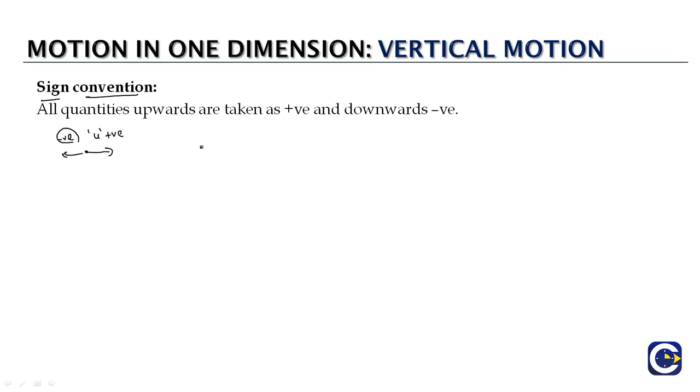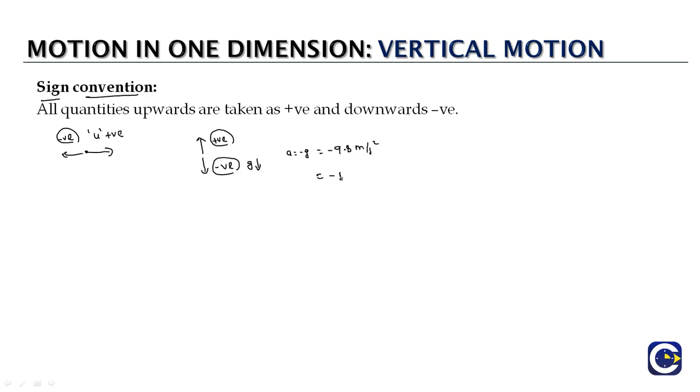Whereas when it comes to vertical straight line motion, we generally go with this sign convention. Anything upwards we take as positive, and anything downwards we take as negative. Since in all these different cases of motion the acceleration due to gravity will be downwards, we will always consider a equal to minus g, or the exact value, minus 9.8 meters per second square.